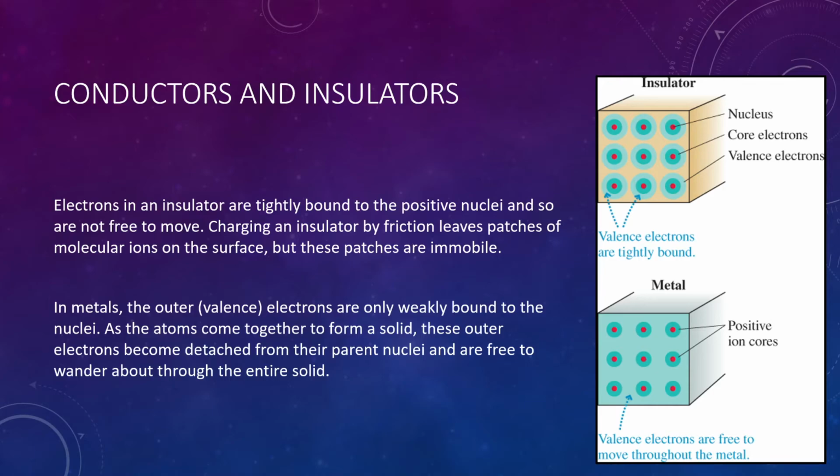On the other hand, in conductors like metals, the outer electrons, which we call valence electrons, are weakly bound to the nucleus of those atoms. As these atoms come together to form the metal, the electrons can flow around in what we consider a sea of electrons. They're free to wander around. And so that's why we see charges flowing through metals, because of their weakly bound electrons. We could spend a lot longer going through this, but this is just your very basic view of why we have a difference between these two materials.